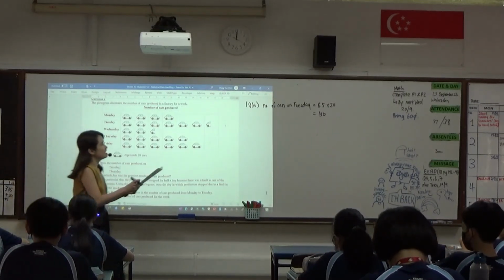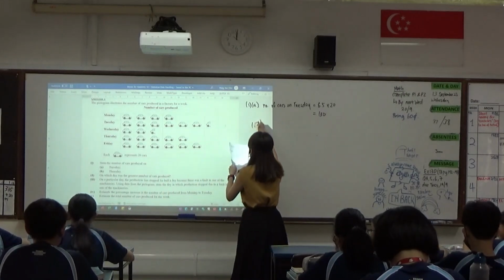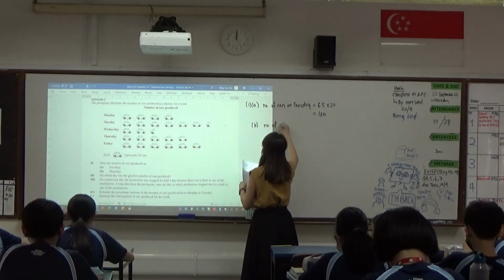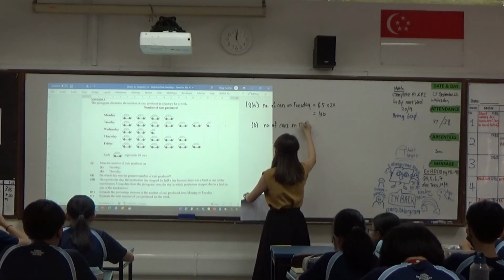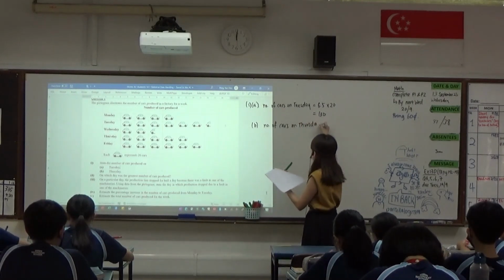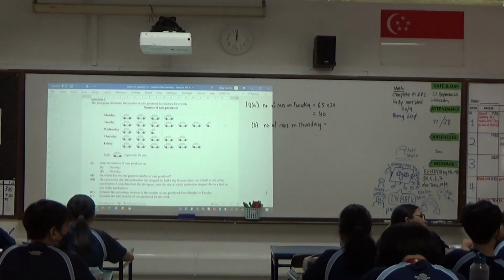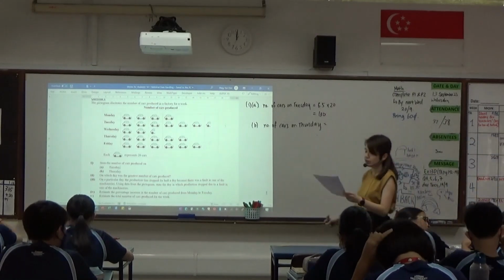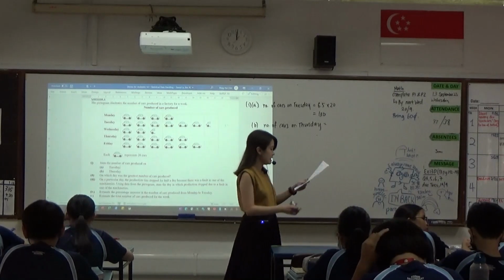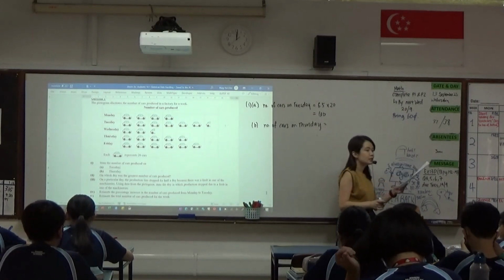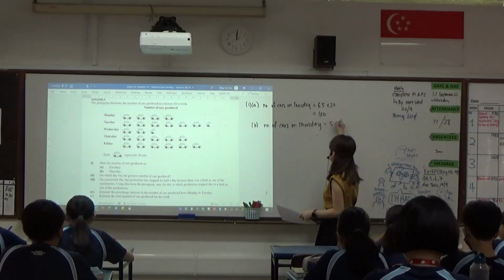Part B, Thursday. Emmanuel, can you tell me how many cars are there on Thursday? 100, so 5 times 20.